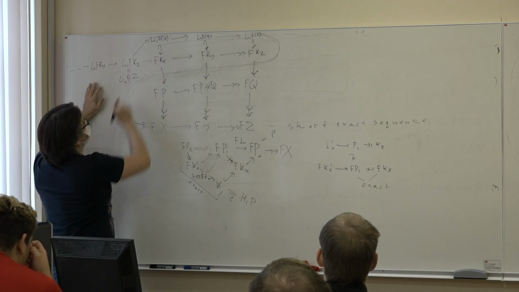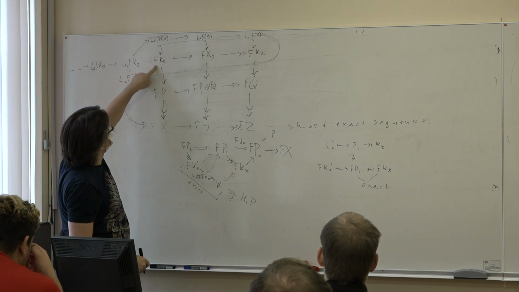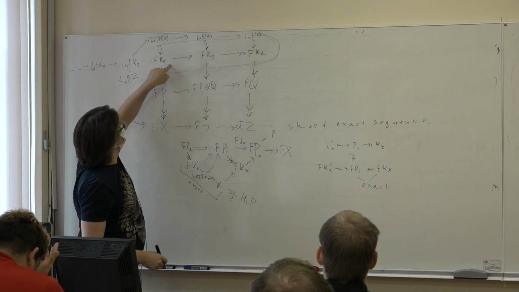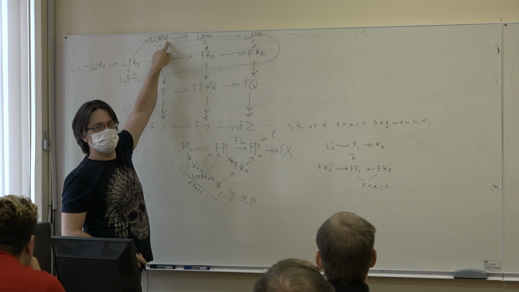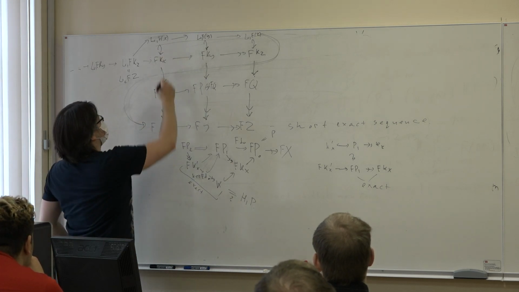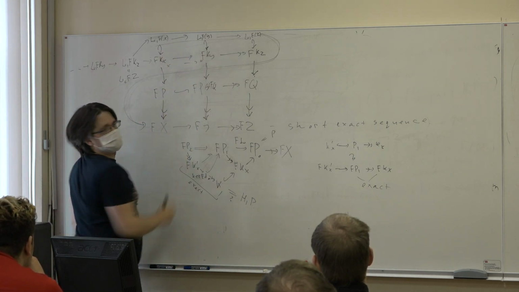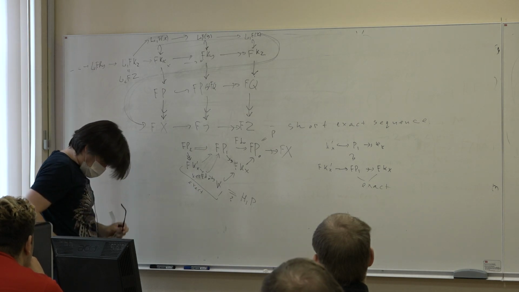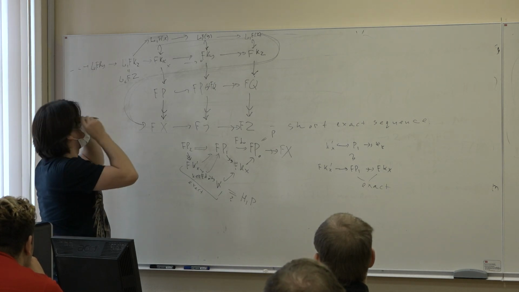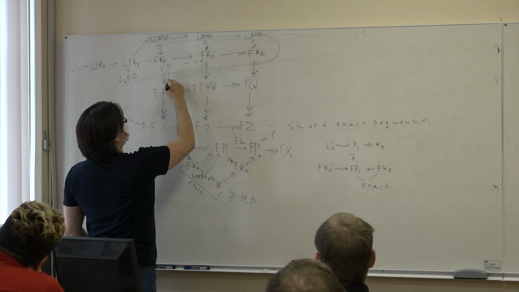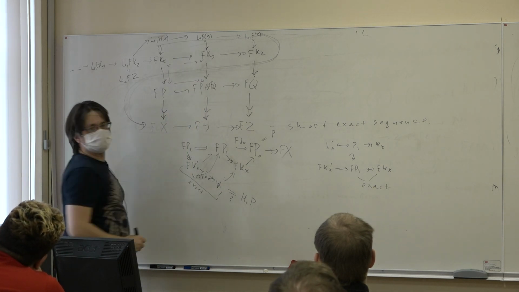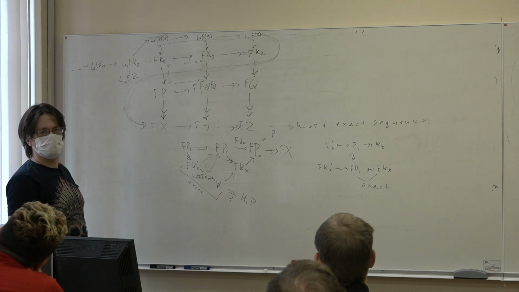If you want to show that the kernel of this map lies in this submodule, yes? You take some x that goes to 0 here, then if you go in this way, you go to 0 again, yes?